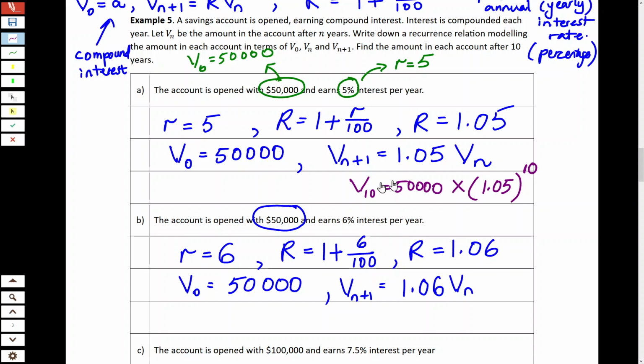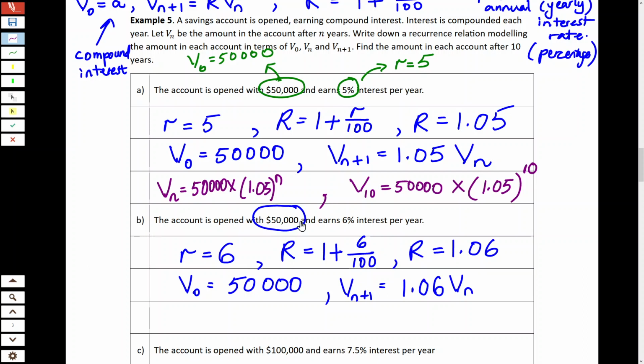Very good. If it's not obvious how to get here, you can start off by writing a rule. In example 3, we wrote down a rule for the nth term Vn in a geometric sequence. So I'll do that here. Vn equals 50,000 times 1.05 to the power of n.